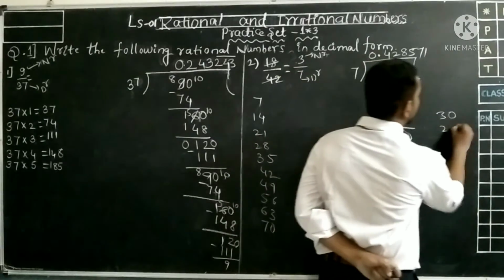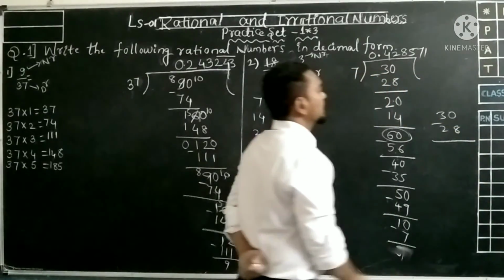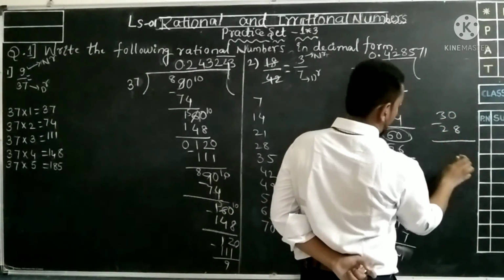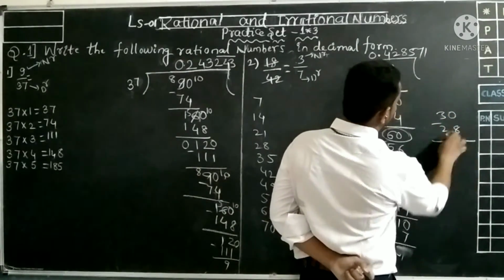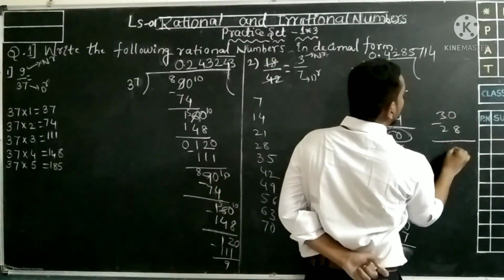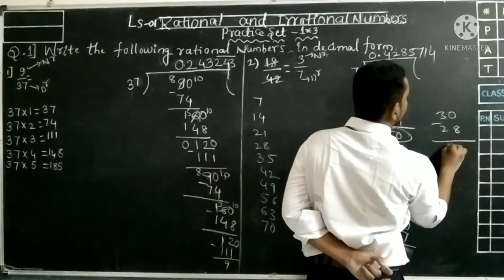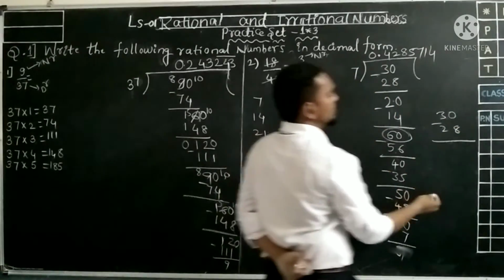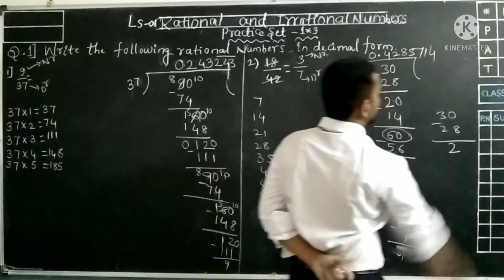The number is repeating, so 30 minus 28 means the value is 2.